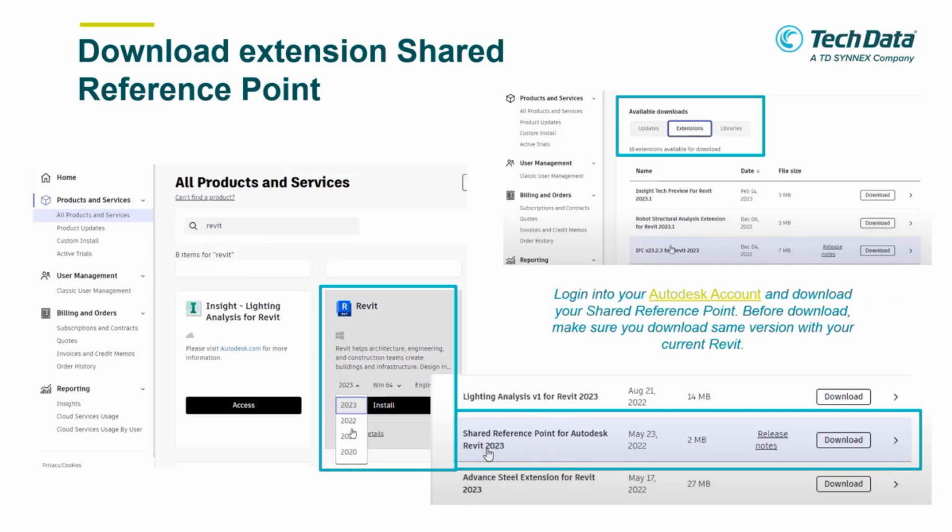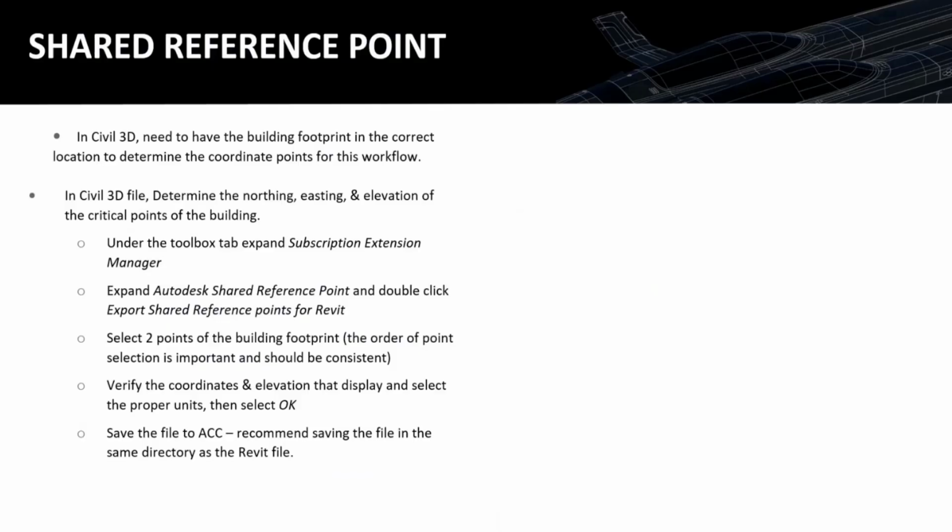You go to the extensions and then you search for shared reference point for Autodesk Revit. So if your version is 2020, you download 2020. If your version is 2025, you need to download the shared reference point for Autodesk Revit 2025. Okay, so let me show you.